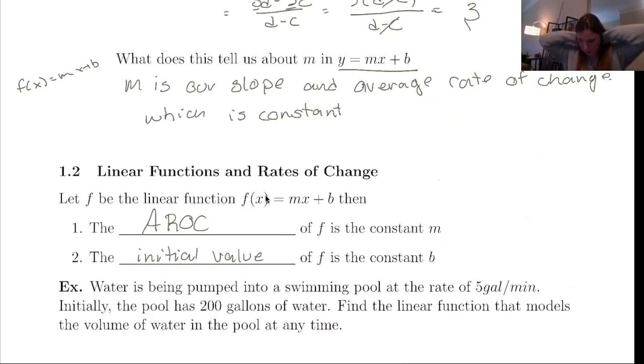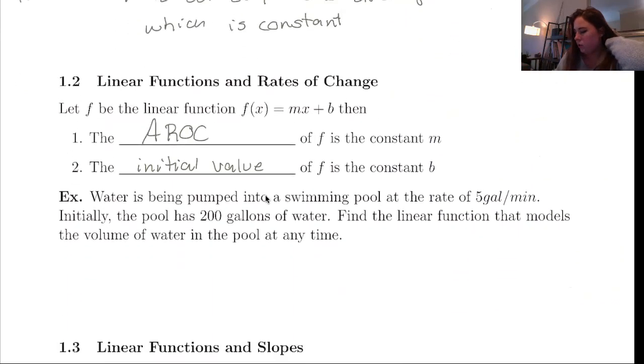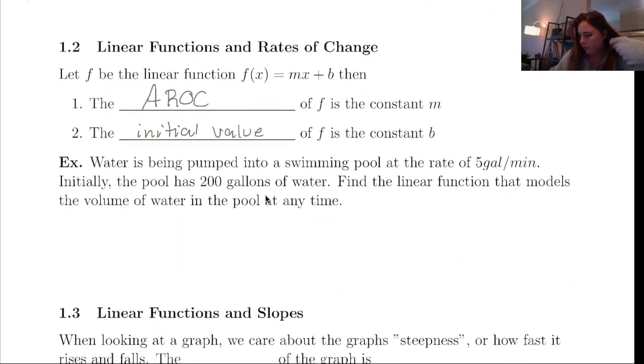All right, cool. So we're going to talk about more attributes of linear functions and rates of change. So in section 2, called linear functions and rates of change, we saw that the average rate of change of f is the constant m. They're constants because they're going to be numbers like 2 and 3 or 3.5, 4 over 7, something like that, a constant.